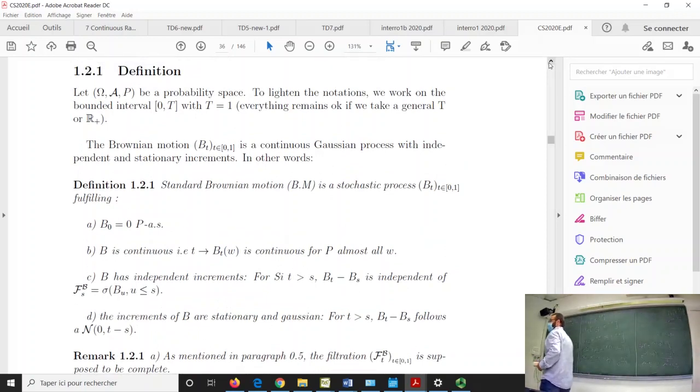So may I erase the board? Brownian motion, that I will denote by BM from now on. And first, the definition.